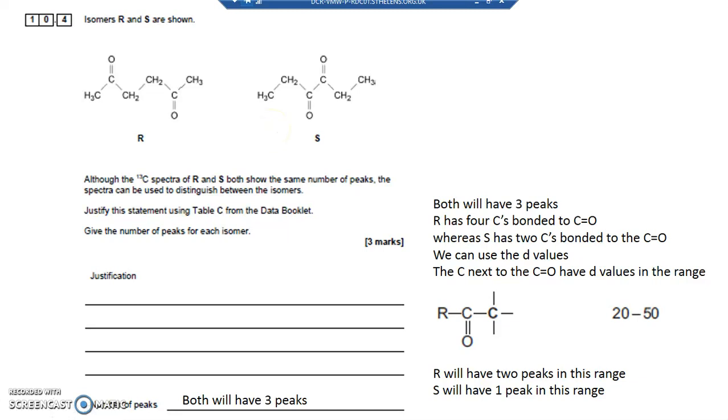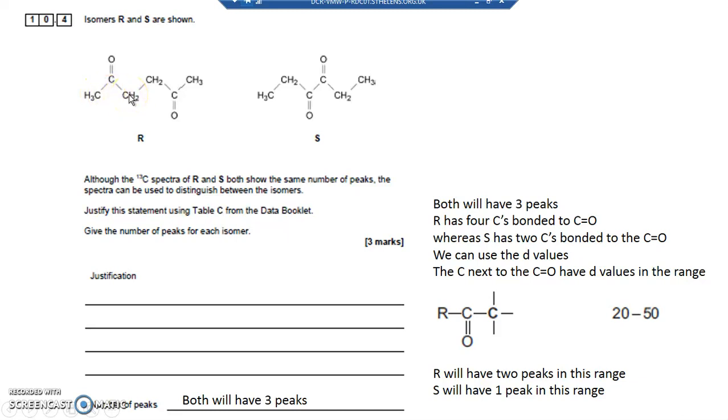So maybe I can look at the splitting pattern. That CH3 there and that CH3 there is bonded to a C with no H's. So that's going to give a singlet. This CH2 is bonded this way to a CH2, so it's going to be split into a triplet by those 2 H's. So that's going to give a singlet and a triplet.